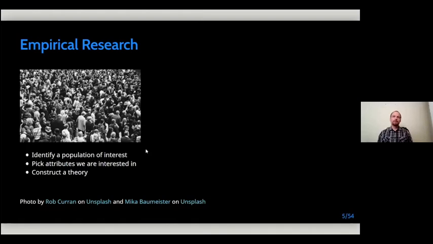You might be familiar with traditional empirical research, where you identify a particular population of interest that you want to know something about, or you've got particular research questions. You might pick particular attributes that you're interested in and try to measure. You might use all the information, maybe construct a theory and say, here's how I think things are going on, or why we saw the information we saw for particular participants.